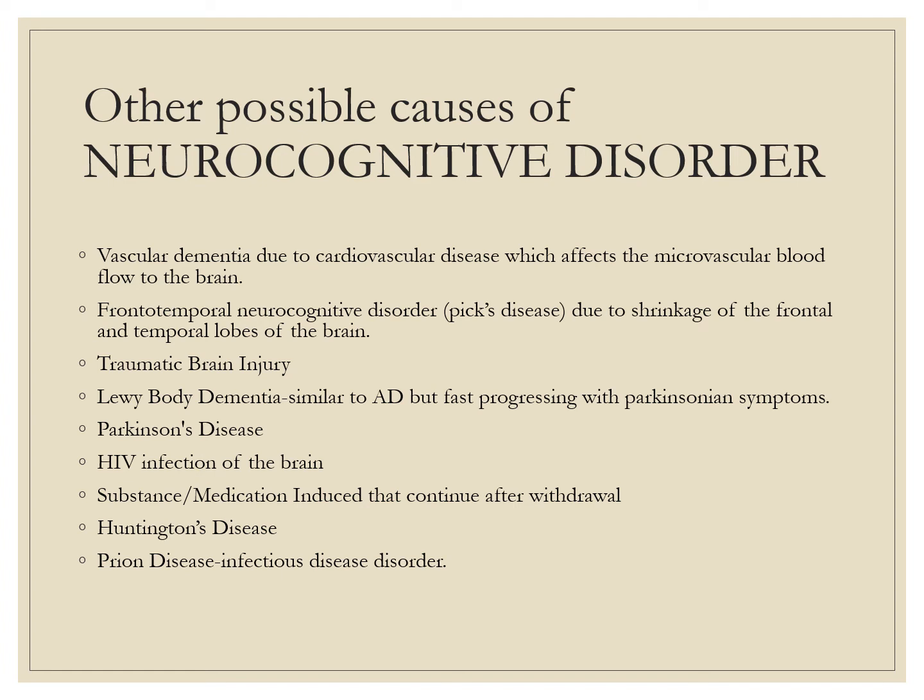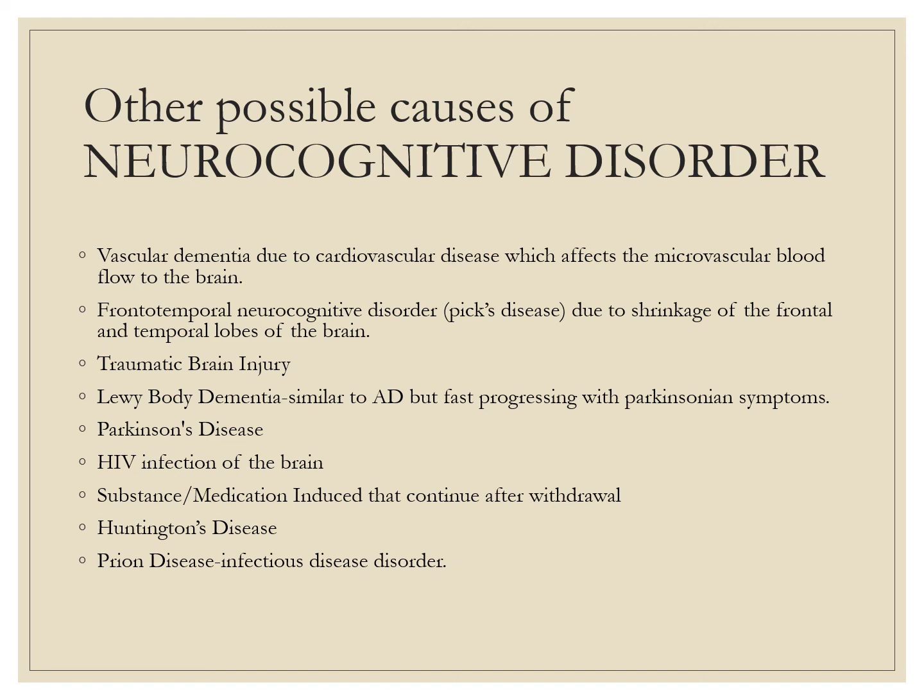Lewy body dementia is similar to Alzheimer's disease, but it progresses fast, and there are a lot of Parkinsonian syndrome symptoms found. Parkinson's disease in the late stages, an HIV infection in the brain. There are sometimes substance and medication-induced neurocognitive disorders.